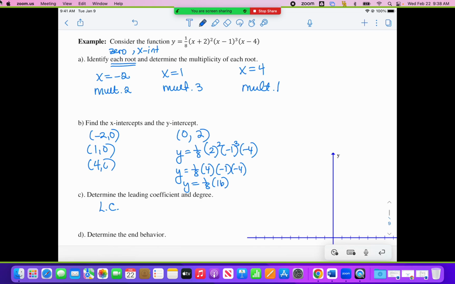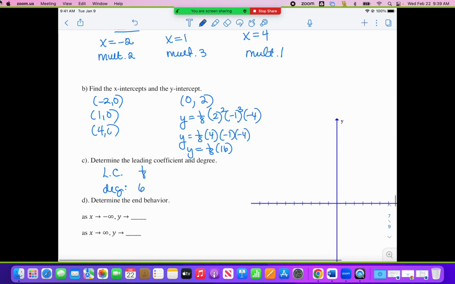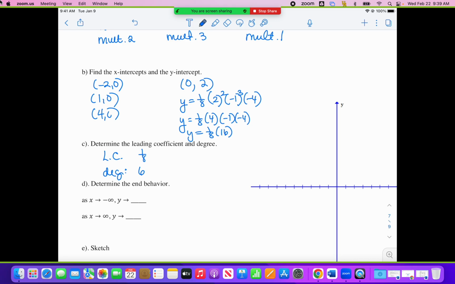Is it 1/8? Well, look, right, yeah, you're right. Okay, so the leading coefficient is 1/8, and then what's the degree? 4, no, 5, no, 6. Good counting there. So look, it is 6, because I have 2, 3, that's 5, plus 1 is 6. Okay, so if it has a positive leading coefficient and degree 6, this is going to be an up.